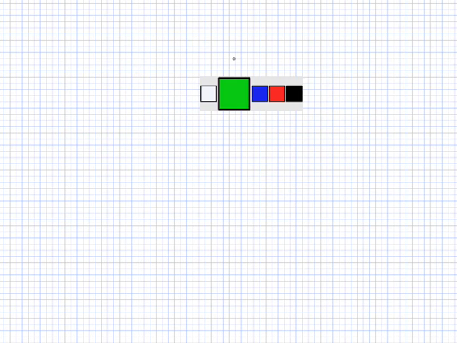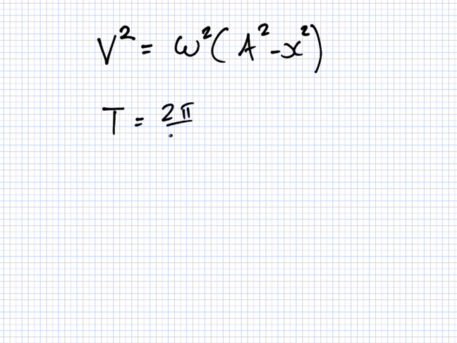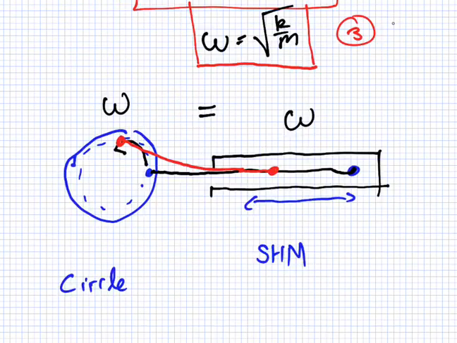So the next formula is if you want to know what the velocity is. The velocity squared equals omega squared times a squared minus x squared. The time is still 2 pi over omega. So what formula is this now for?